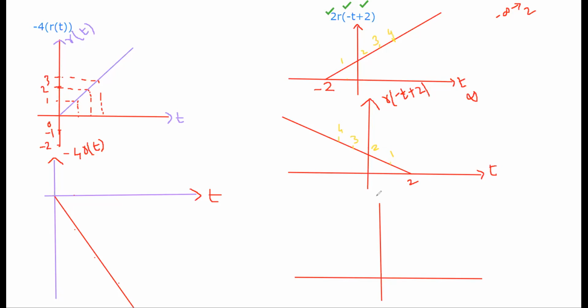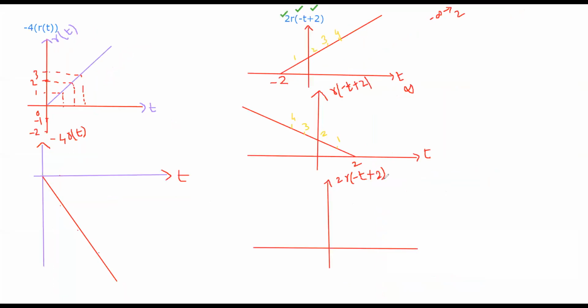Now I would like to take the amplitude scaled version, two into r of minus t plus 2. Sorry, not the time reversal, the amplitude scaled version of this time reversal signal.